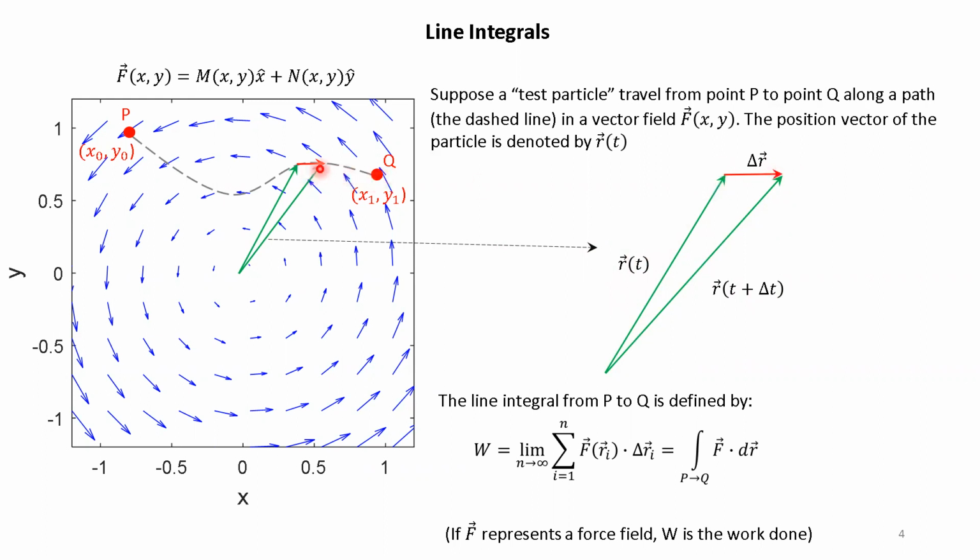So this is the infinitesimally small displacement made between t and t plus delta t.